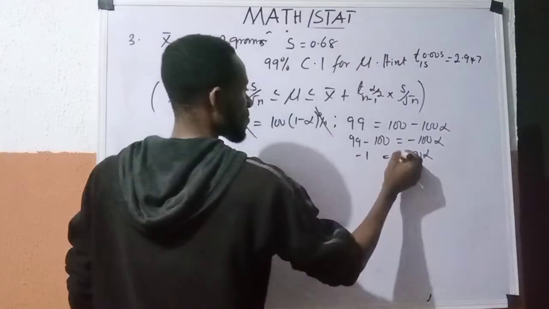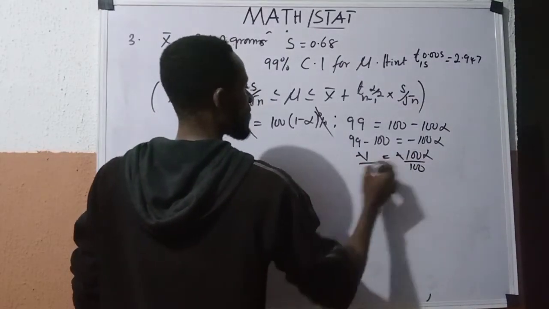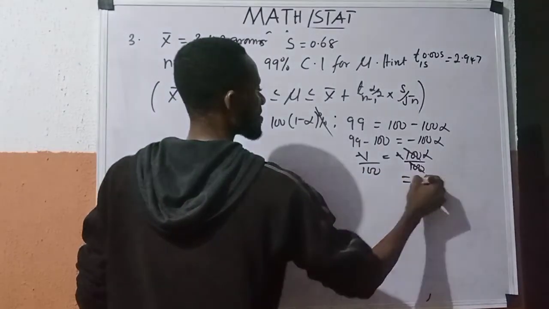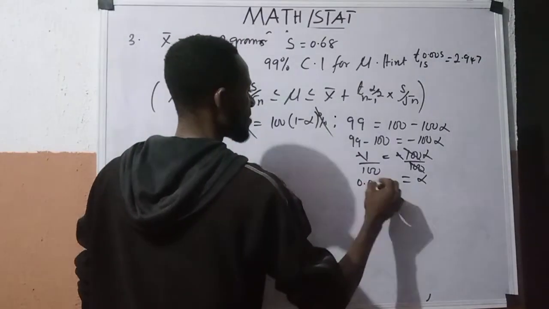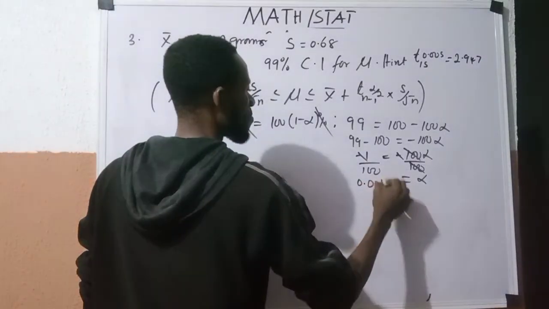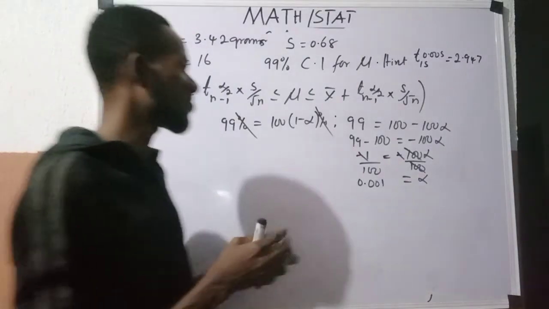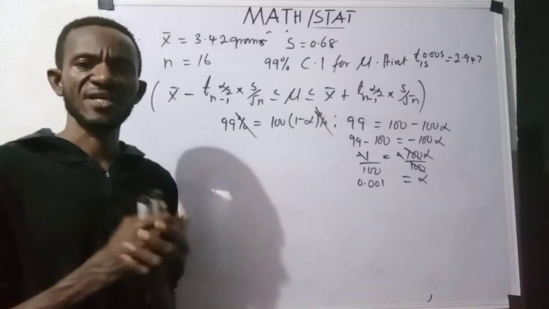Then minus will cancel minus, and 100 will cancel 100. This is alpha. 1 divided by 100 will give us 0.01, I guess. You can confirm that to know whether it is true.